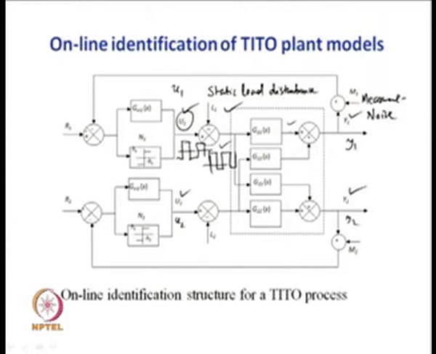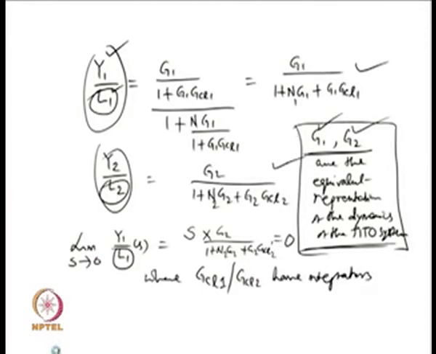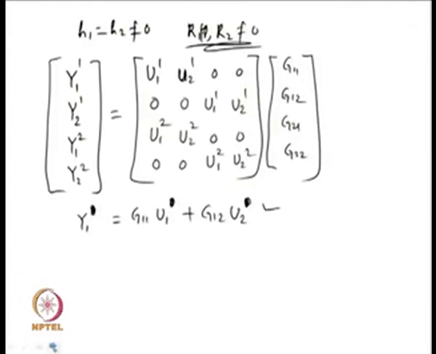The signal at this point is given by G11 times U1, plus this signal getting added here, G12, and the input is U2. At that time assume L1 and L2 to be 0 and the signal measurement errors M1 and M2 to be 0. Then you get the expression. It is not difficult to get those simpler expressions first, which can ultimately be converted to matrix form and to the ultimate form given by this.